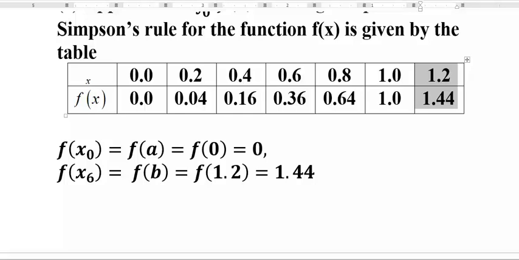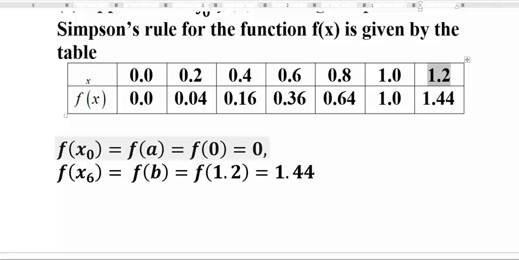Here is 1, 2, 3, 4, 5, 6, 7. We don't count the function of x, we only count x in the number. We name the first number as 0. So we have 1, 2, 3, 4, 5, 6. So we have even values of n.